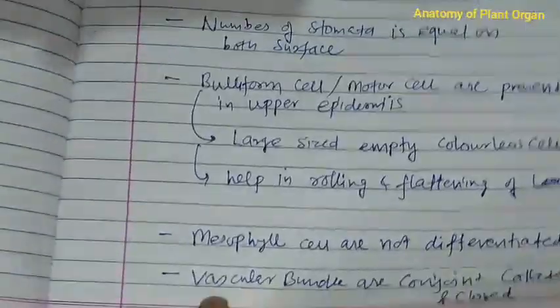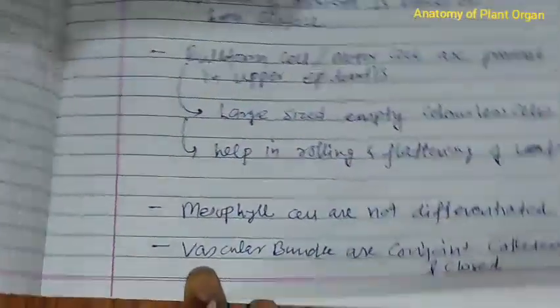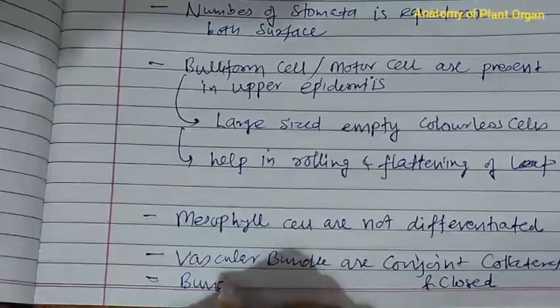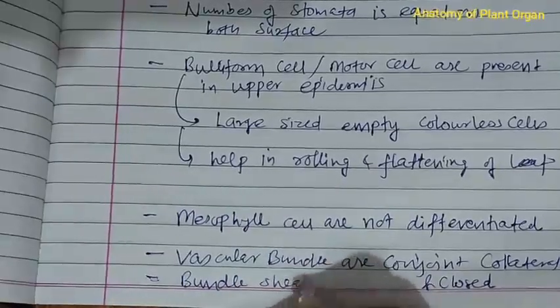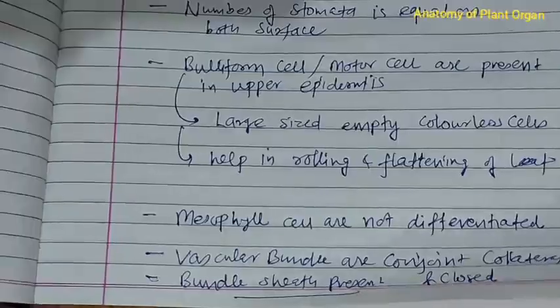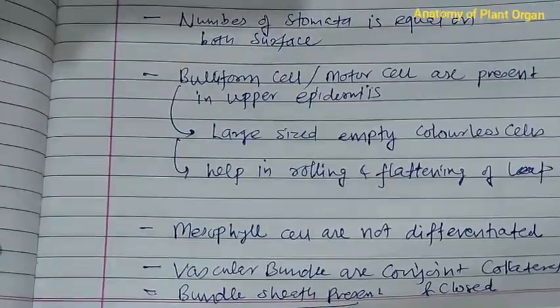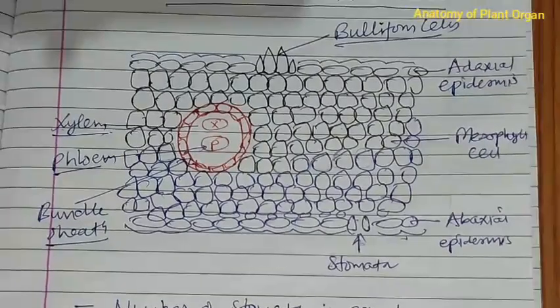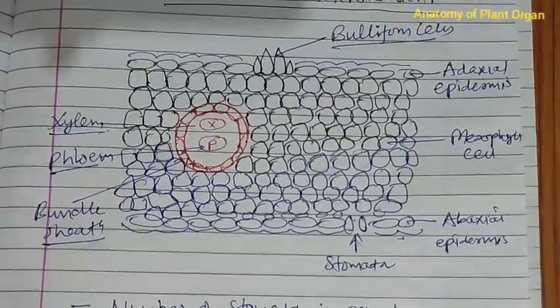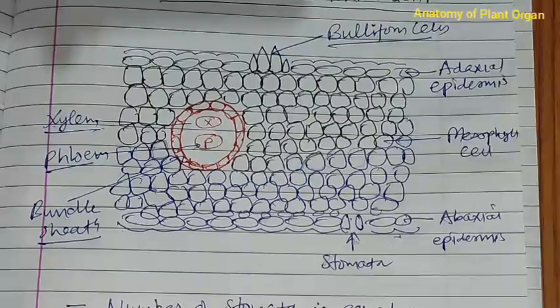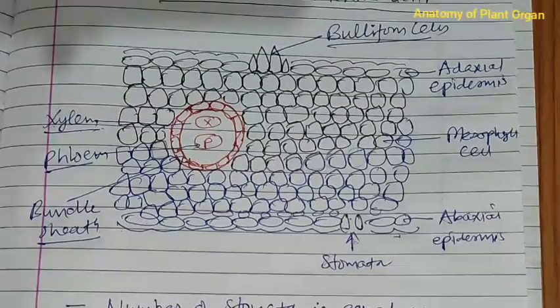And the last point, bundle sheath is present around the vascular bundle. Remember, cuticle is also covering the upper and lower epidermis in the diagram. So at last you can see all the structure in the diagram, and that is the structure of monocot leaves.